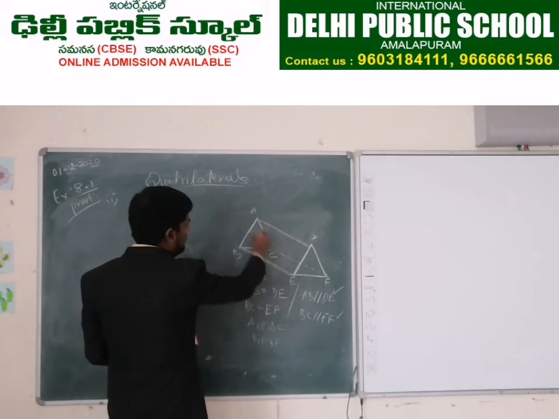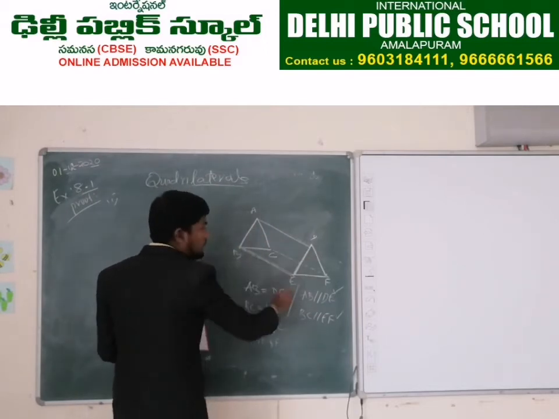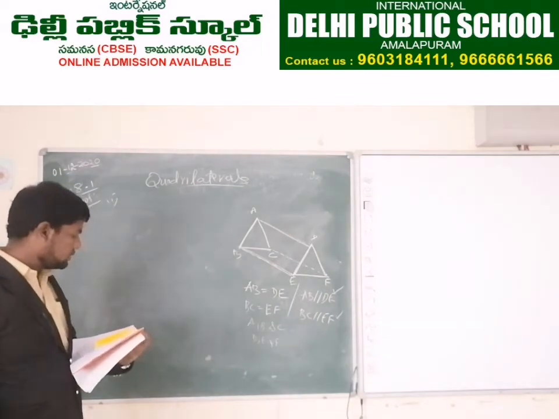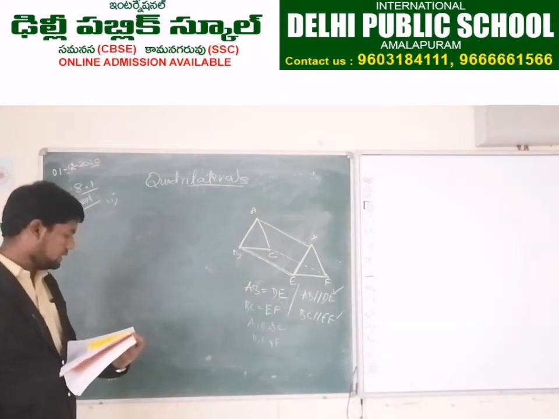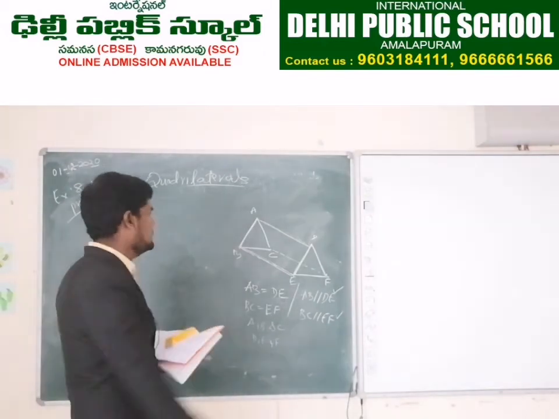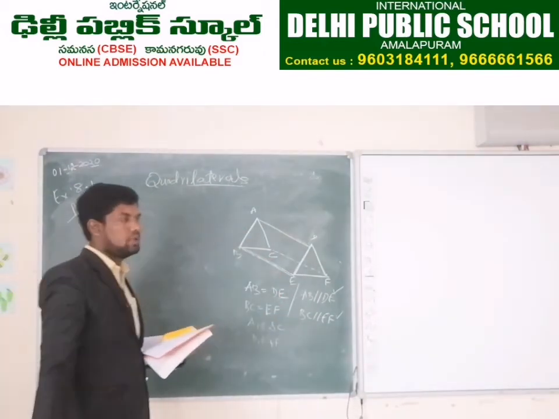Here already they have given this AB is equal to DE. Okay, so opposite one pair here, this AB is equal to DE and AB is parallel to DE, right? So one pair of opposite sides are parallel and equal. So it means this ABED is a parallelogram. Write down.